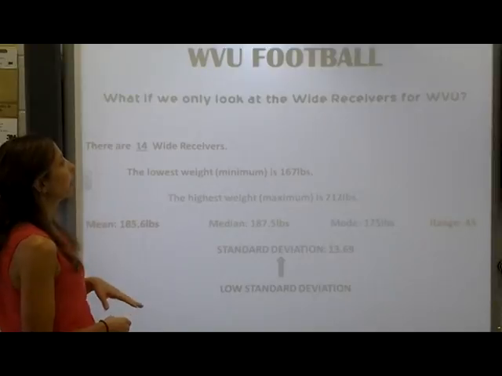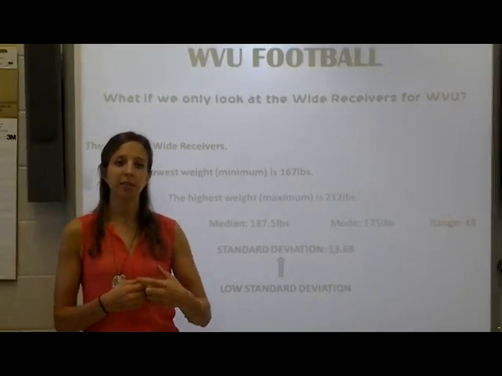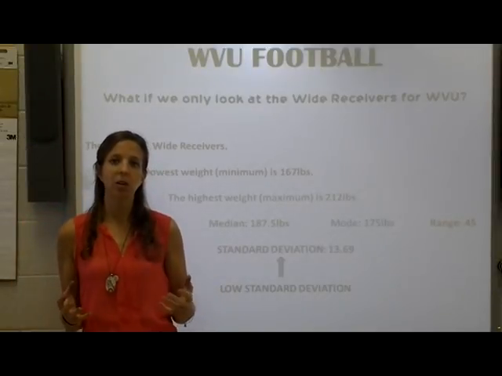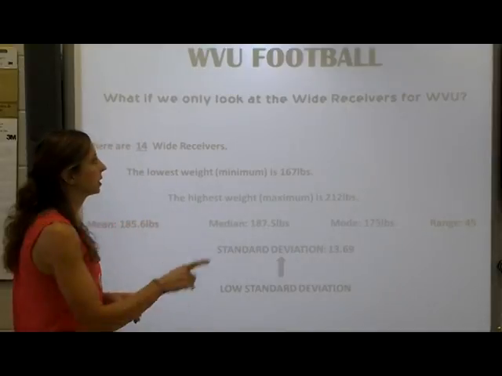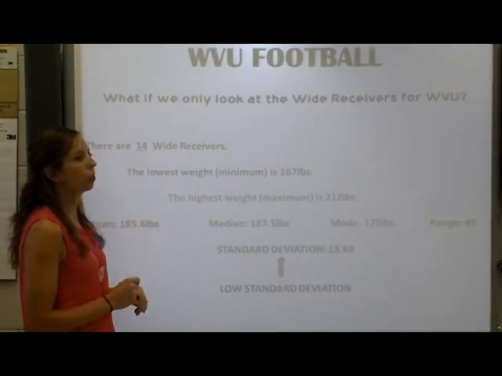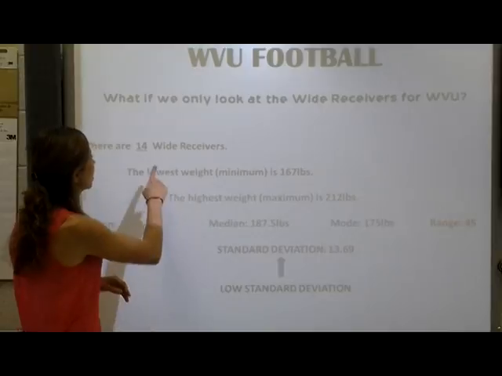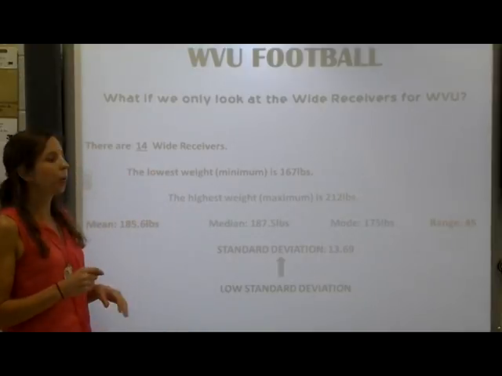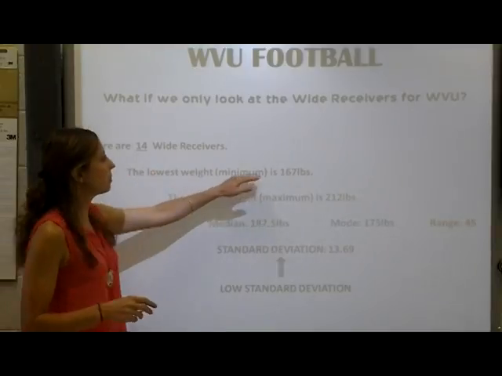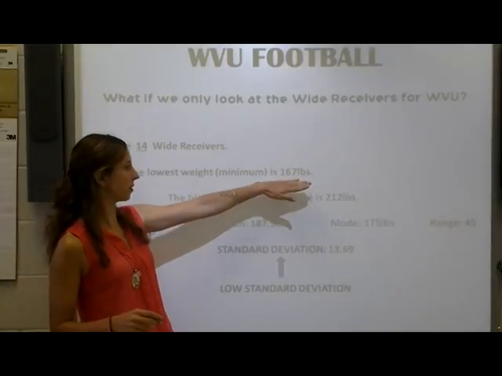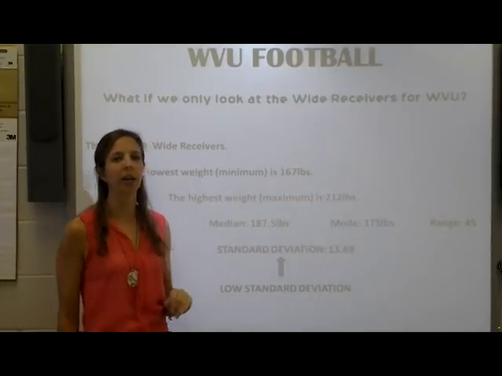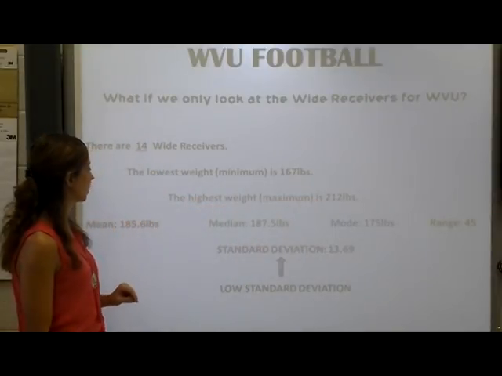Okay, now if we were to compare the weights of the entire football team to the weights of just the wide receivers for WVU, we're going to get some different answers. There's only 14 wide receivers. The minimum weight is 167, and the maximum weight is 212.